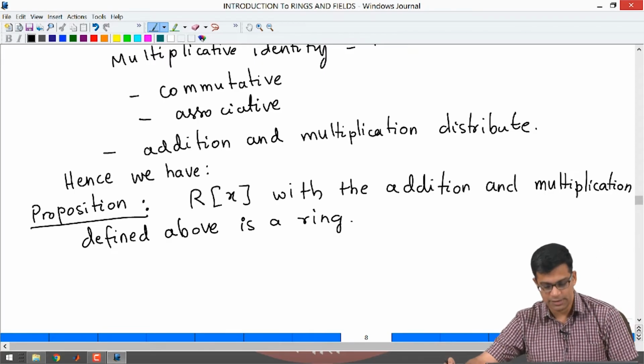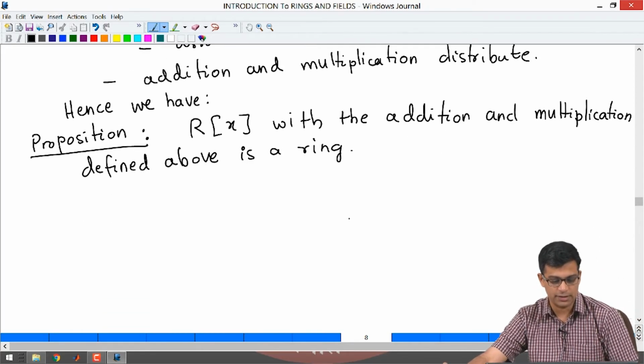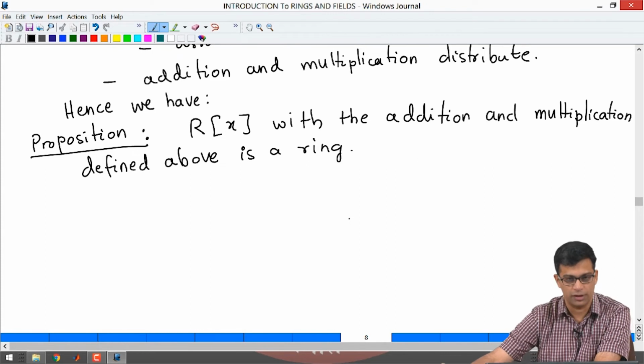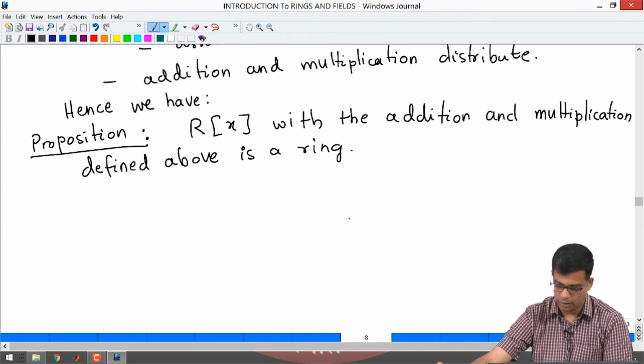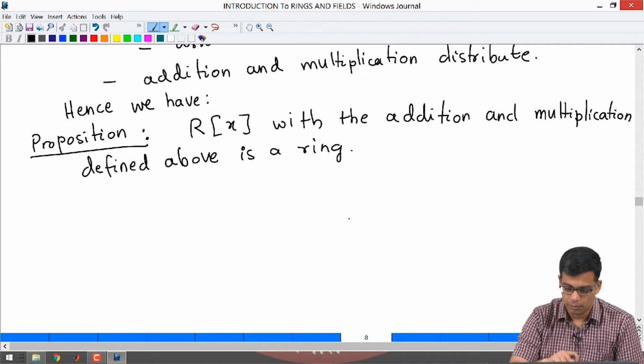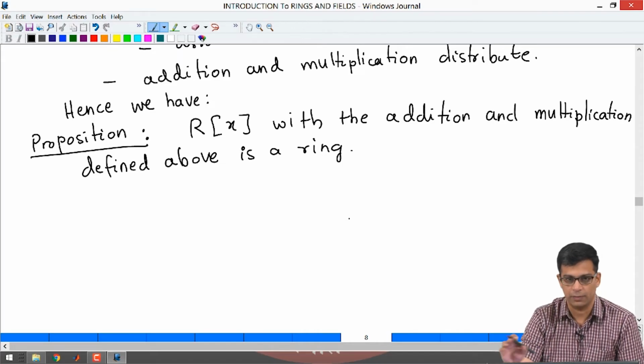So, I have not proved this, I will not prove this, I will only write this, and we will obviously use this a lot. This is an important example of a ring for us. So, this is a ring with the addition and multiplication defined above.